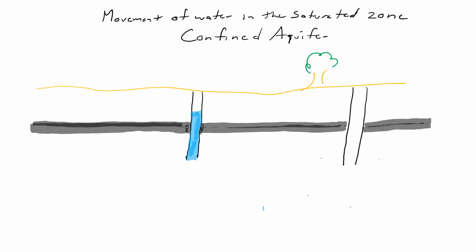And in this case, we're going to have the water rise up a little higher. So again, this is our confining layer, CL. This is our aquifer down here.